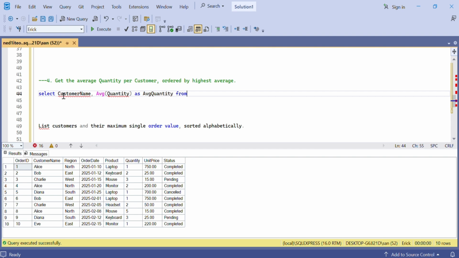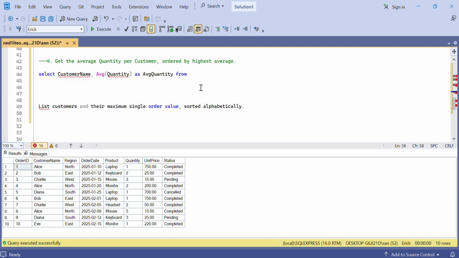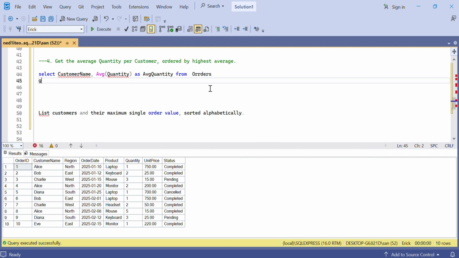So from orders table. So where is the table? This is our table. And then we group by customer name. So this one will give us the average quantity per customer.